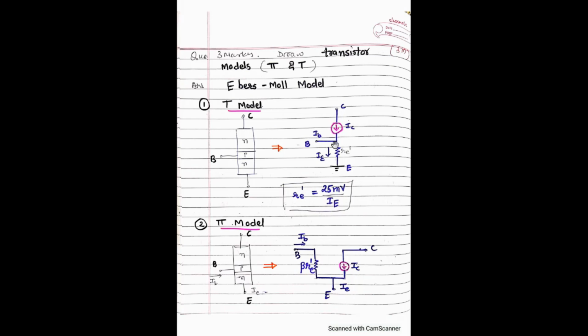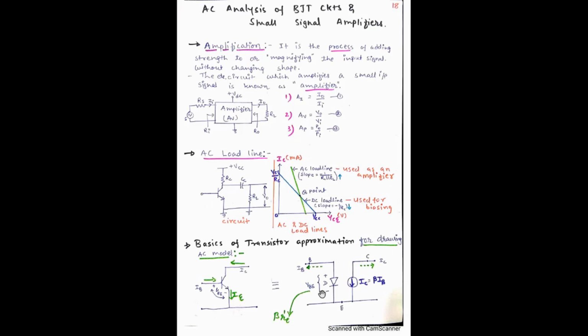IC is a constant current source, and here I have connected Re dash. Base, collector, emitter are marked like this. What is Re dash? That is actually the internal resistance of the diode at room temperature.